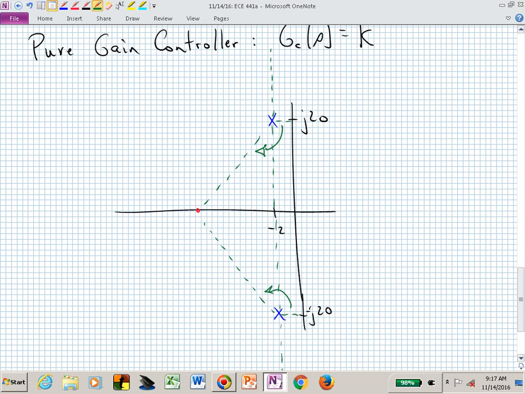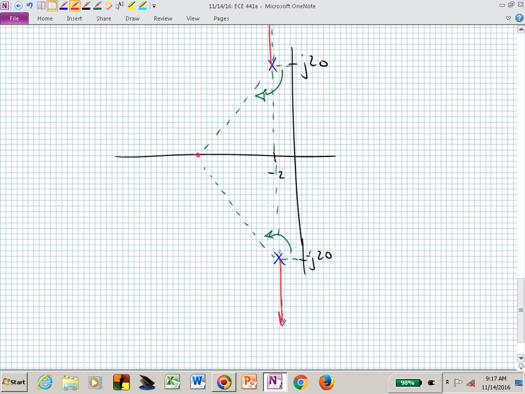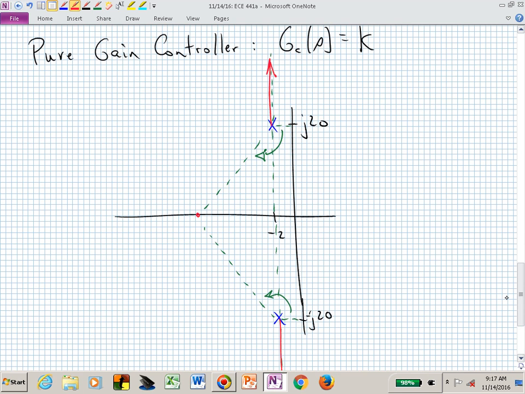Where do I end my root locus? As they approach the asymptotes. But in this case, I never leave those asymptotes. I start on them and I stay on them. In this case, my root locus looks like that. That's my root locus for a pure gain controlled system for this mass spring damper system. What's this tell us? What's our settling time?